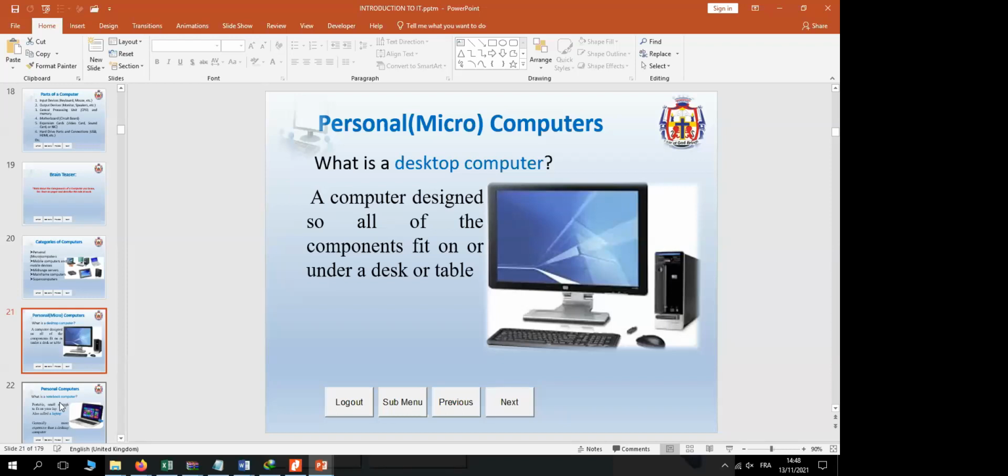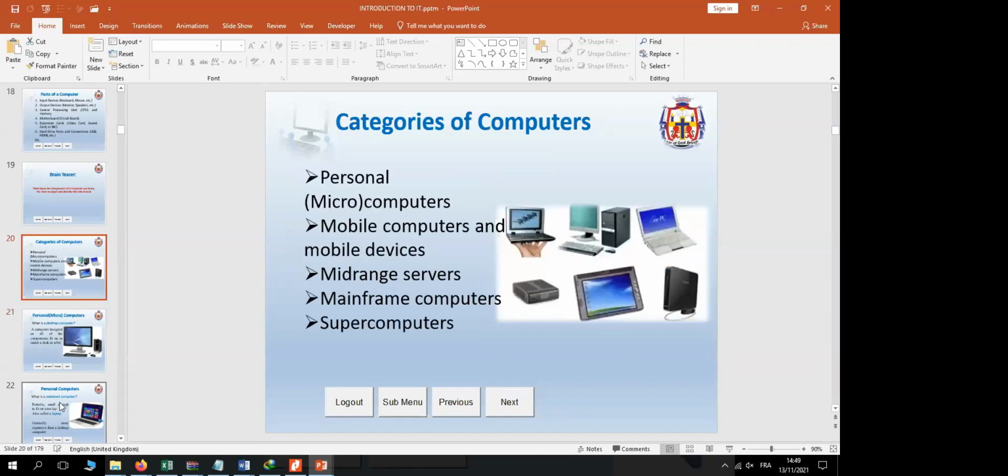It means small. So personal computers are the smallest type of computers. Much as we have other types or categories, in terms of sizes, all other types are bigger as compared to microcomputers, or personal computers. Now, let's look at the different types of personal computers.